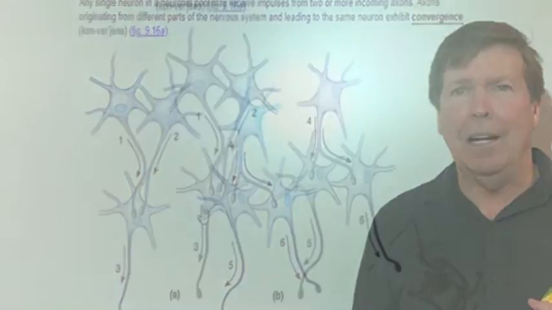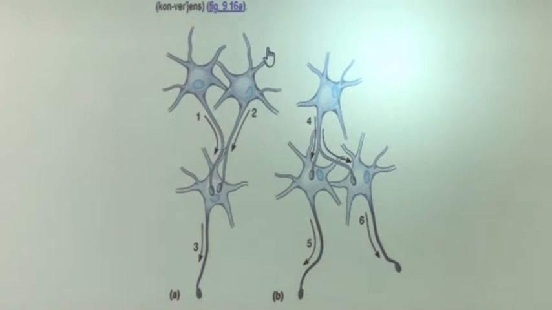Oh, yeah. So notice on the left here, we have an example of convergence, where two separate neurons are going to send nerve impulses to one neuron. This neuron is going to receive chemical communication and come up with a sort of sum that results from these two neurons and their associated communication.